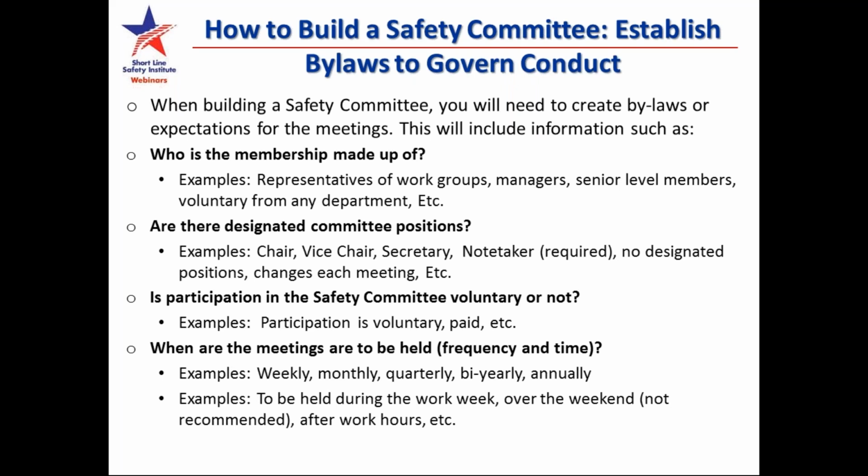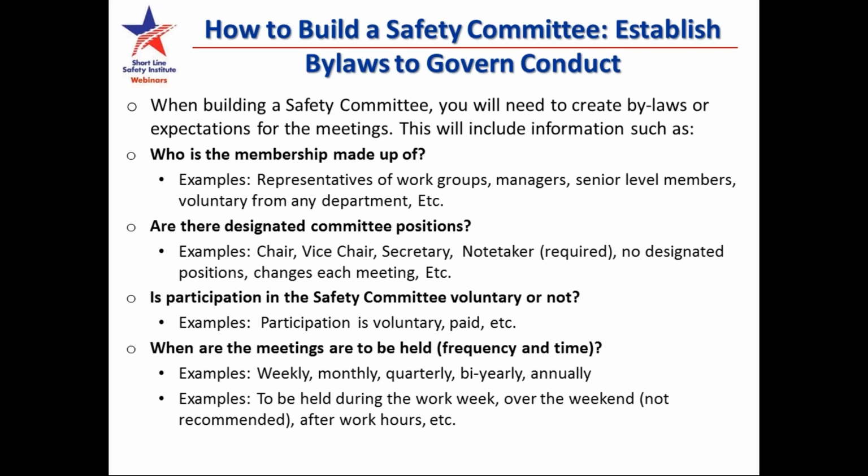When you establish a safety committee, you will need a document of bylaws to govern the conduct of the committee. You'll need to include information such as who the membership is to be made up of. Some companies select one or two representatives from each work department.